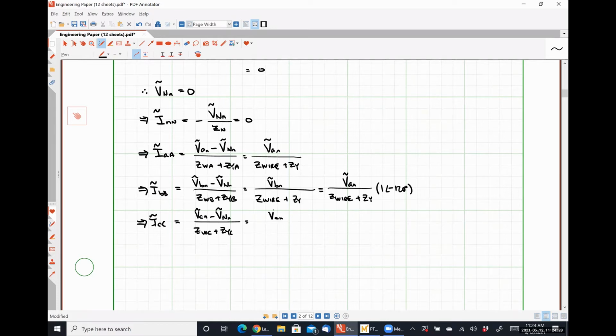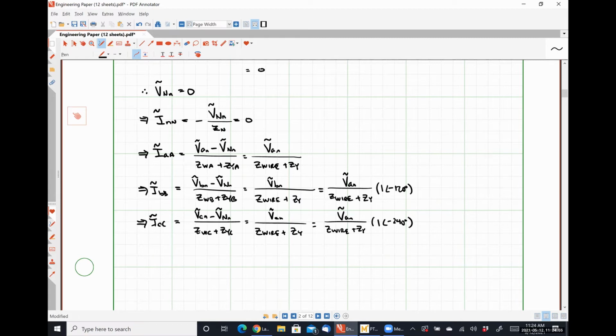Looks like VCN over Z wire plus ZY, which is nothing more than VAN divided by Z wire plus ZY times 1 angle negative 240 degrees.